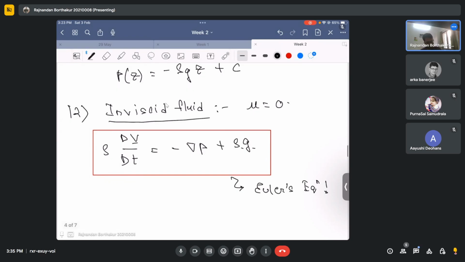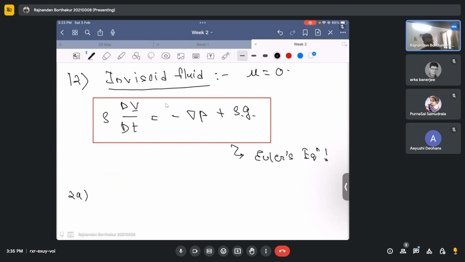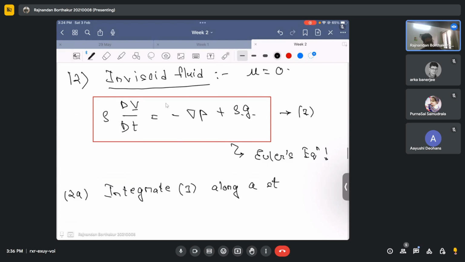Now, one more very interesting conclusion we can draw from this. Although I will not show it now because we have already learned this in your undergraduate fluid mechanics course, if we integrate this equation 1 along a streamline, can you tell me what we get?